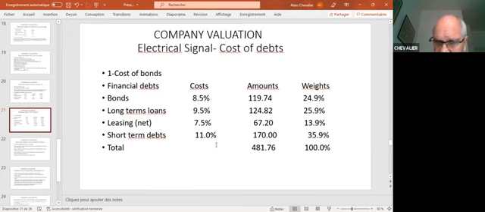Short-term debts 11%, no charge. Amount 170, no charge, and 170 compared to 481.76 is 35.9.